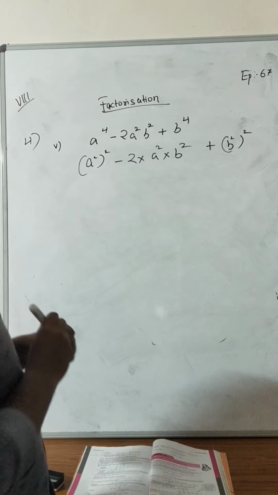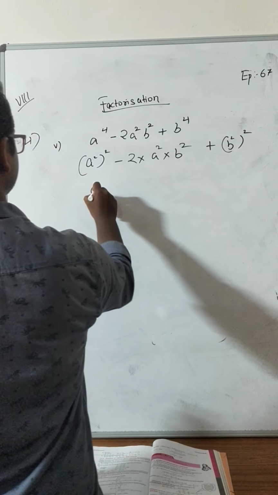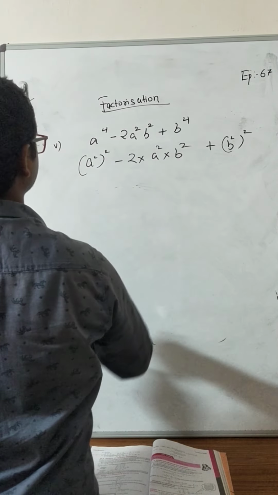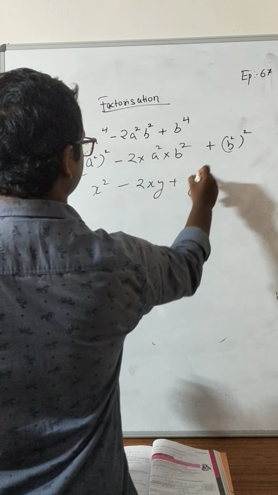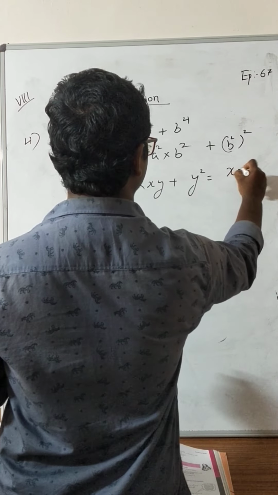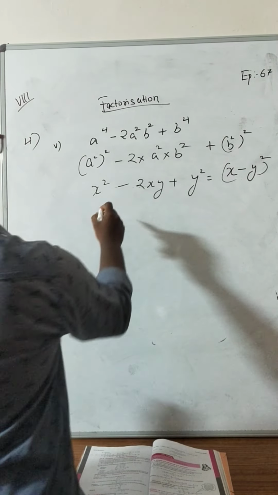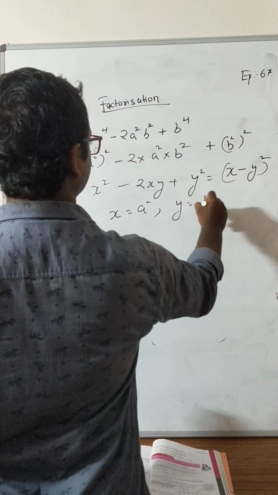See, we can easily identify this as identity 1, which is x square minus 2xy plus y square is equal to x minus y whole square. So from this we can identify x as a square and y as b square.